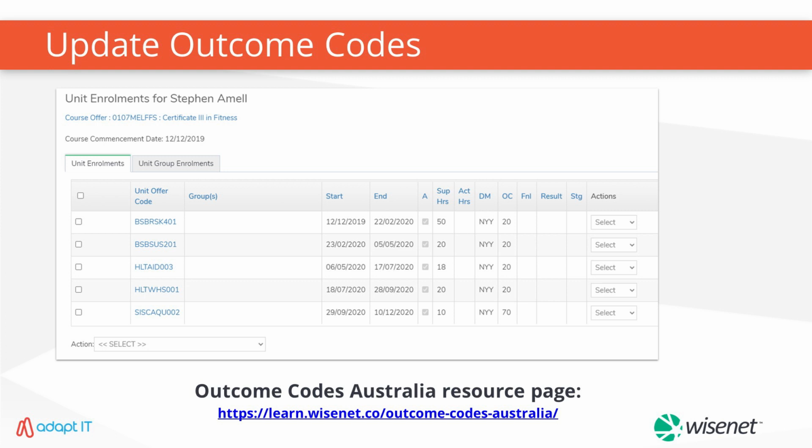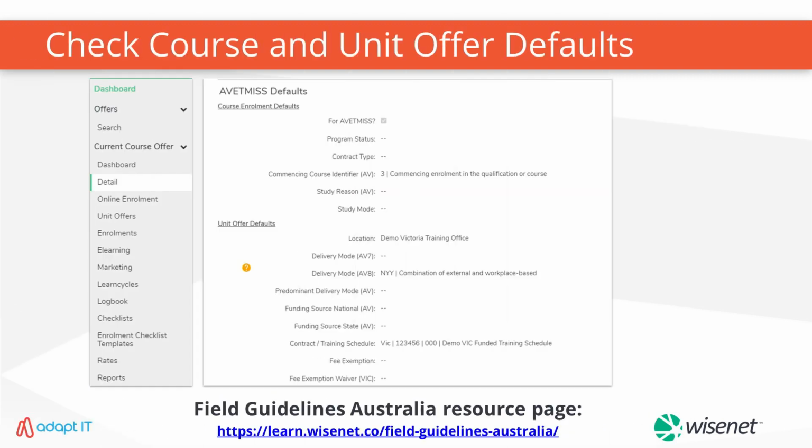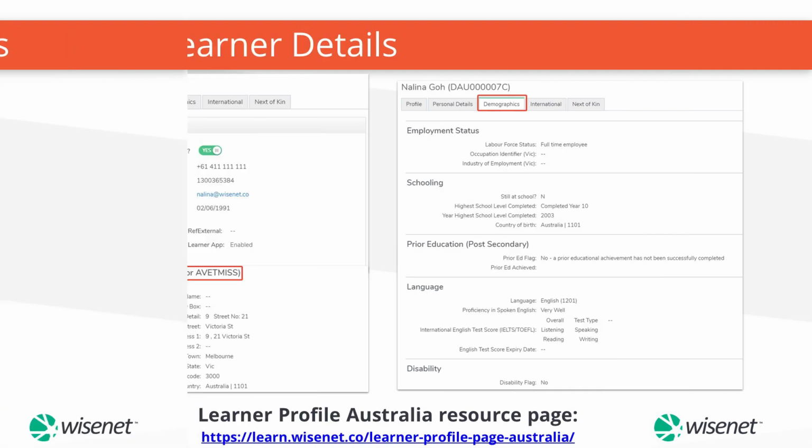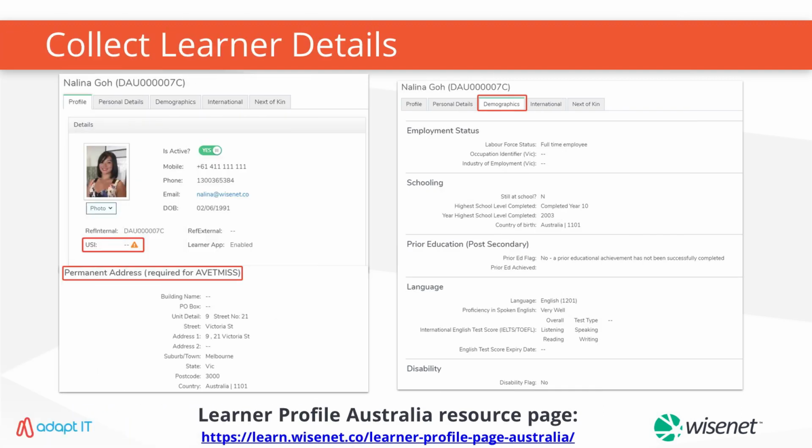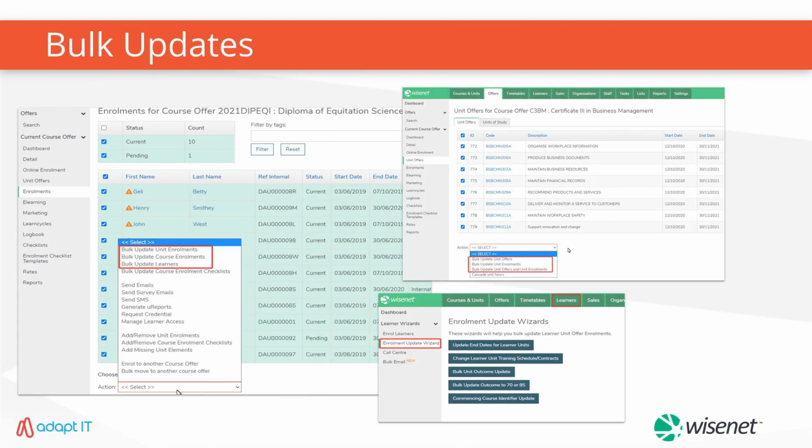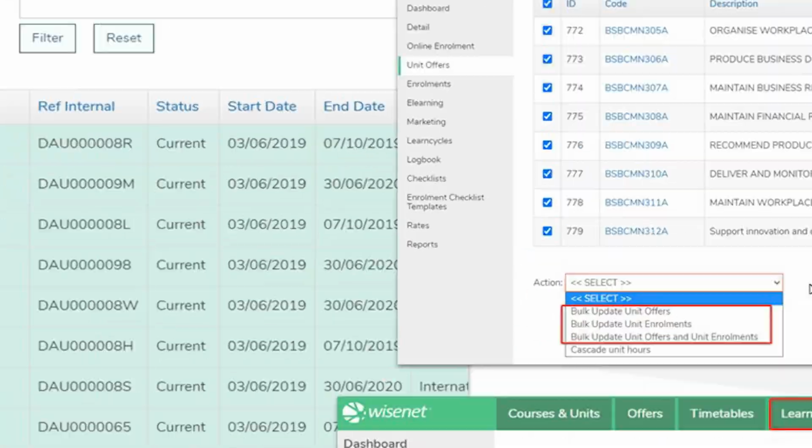Update unit enrollments with outcomes such as continuing enrollment 70 and not yet started 85 with the correct information. Check if the For AVETMISS flag is ticked, funding contracts are correct, student demographics data is completed, and completions and qualifications are issued. You can use the bulk update features to update missing data.